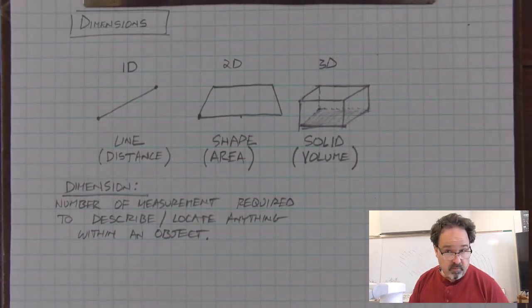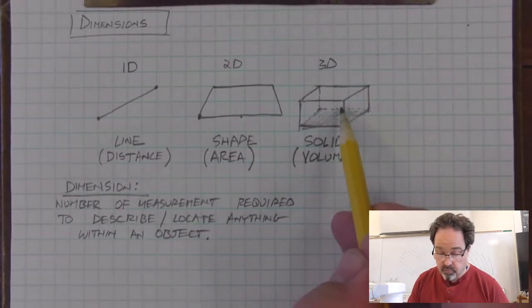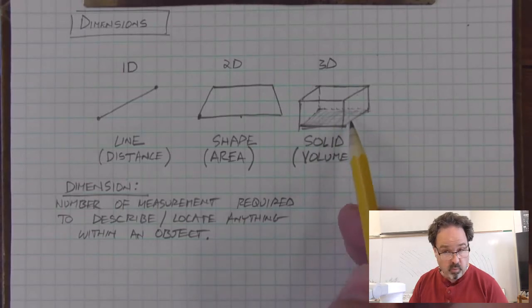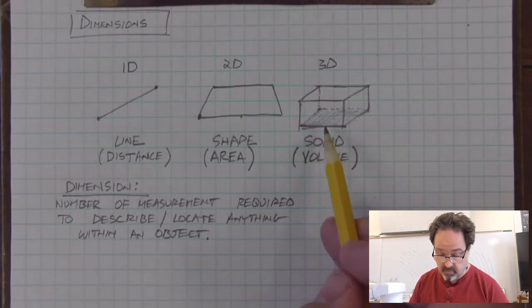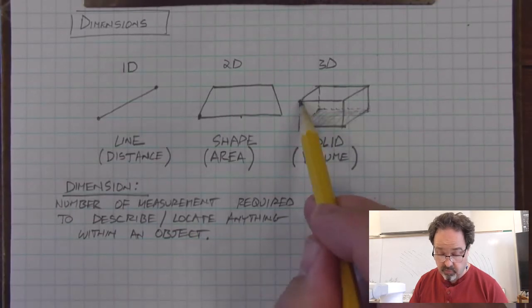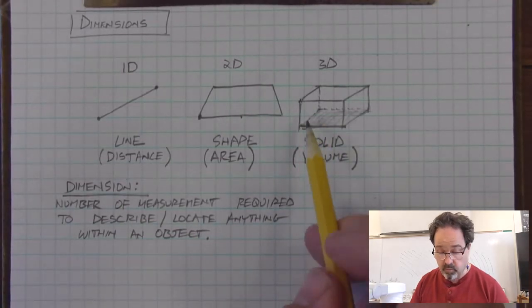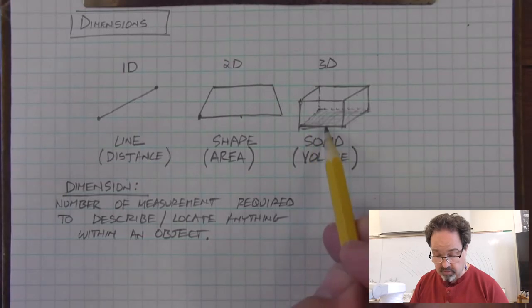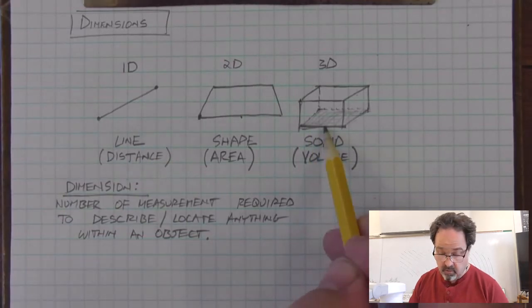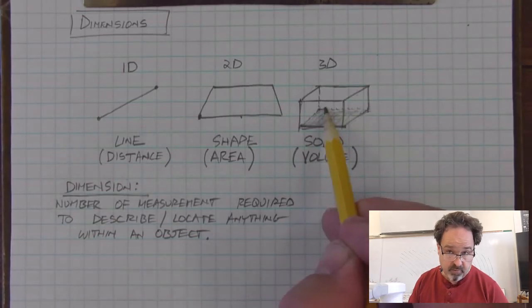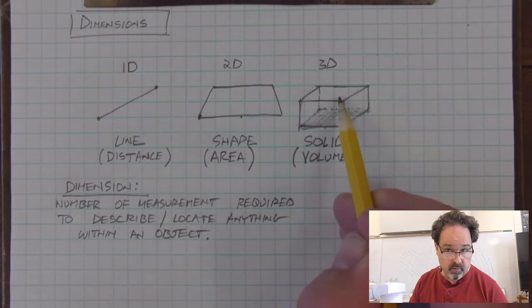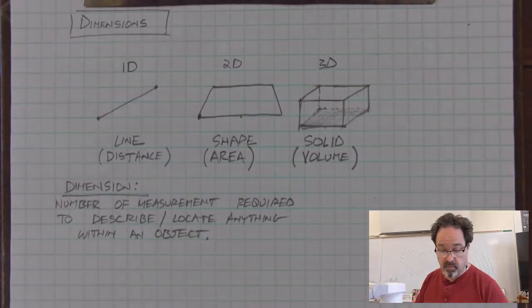Solids are 3-dimensional because in order to locate any position within the solid, we would need a minimum of 3 measurements. We would have to know, if we chose any point to be an origin, horizontally how far away we are, vertically how far away we are, and then very often the third dimension is called depth, or how far back we are, which is why we call it three-dimensional.